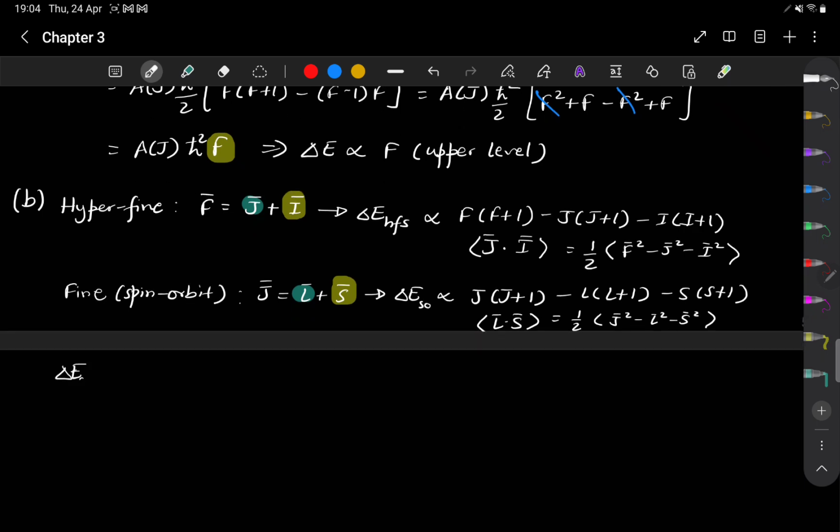So the energy for the fine or the spin orbit coupling is some constant, let me call it C prime, times J into J plus 1 minus L. This constant is basically some constant and then the h cross squared by 2 terms, so that's why I'm just replacing it by a constant. It's irrelevant in this particular question.